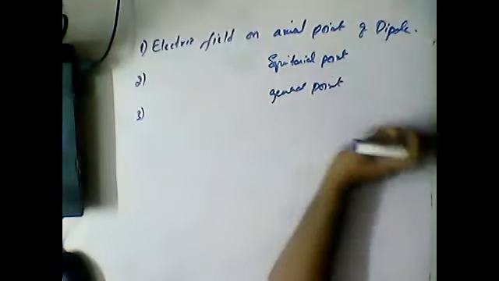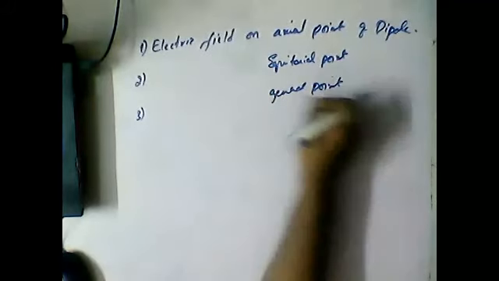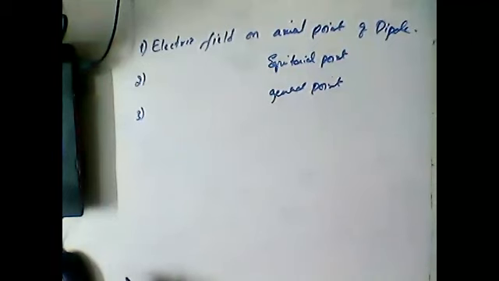Second one is the equatorial point. Everything is the same, but only the point changes to equatorial. Third one is the general point. So: electric field on the axial point of a dipole, on the equatorial point of a dipole, and on a general point of a dipole. We are going to discuss these 3 topics and end the class after this.